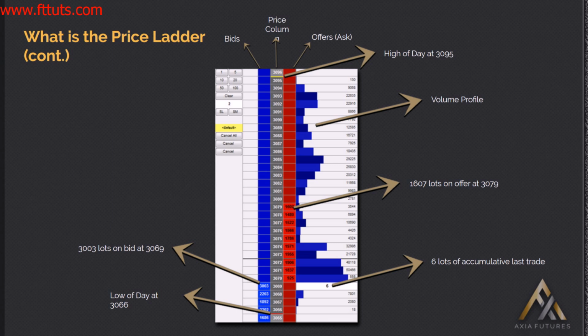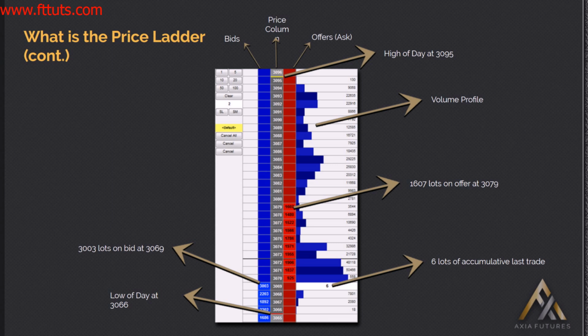So if you were to see the actual size, for example, at the price of 3079, we have 1,607 lots. That 1,607 lots could represent one person with all that size, or a whole host of different people.